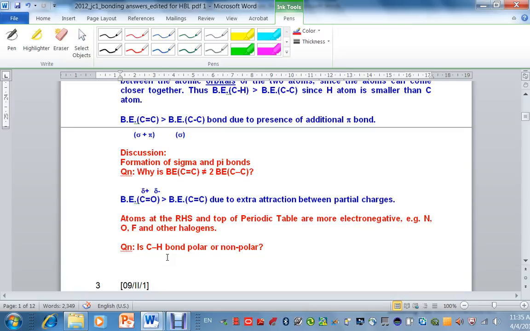In general, if you see two different atoms, usually you can assume that the bond is polar. But C-H is the only common exception that you need to know. The C-H bond is non-polar. It is usually found in organic compounds, so you need to be familiar with it. That's for question 2.